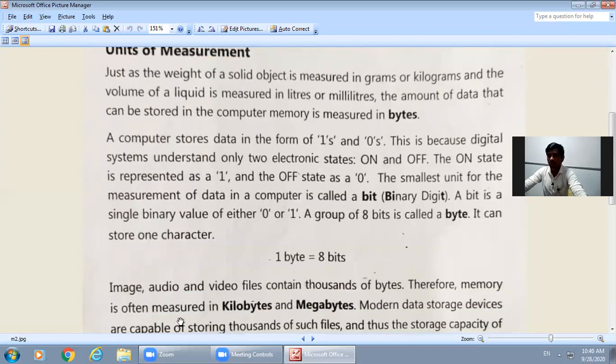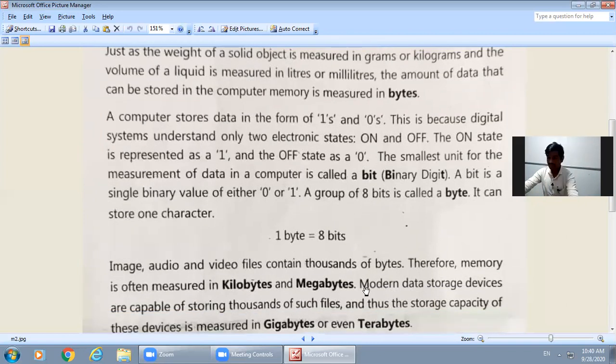Therefore, memory is often measured in kilobytes. If you want to store a lot of images, audio, video in your computer, it will be stored in thousands of bytes. Therefore, memory is often measured in kilobytes and megabytes. You know, KB and MB.